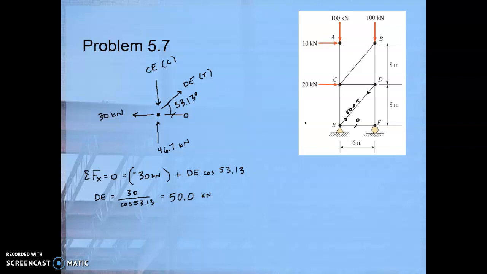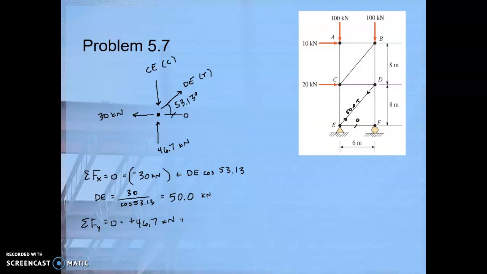And so now we can look at member CE in the vertical direction, which we can find by summing our forces in the y direction. That should equal 0. And those forces include a positive 46.7 kilonewton force, the reaction force at E in the vertical direction.